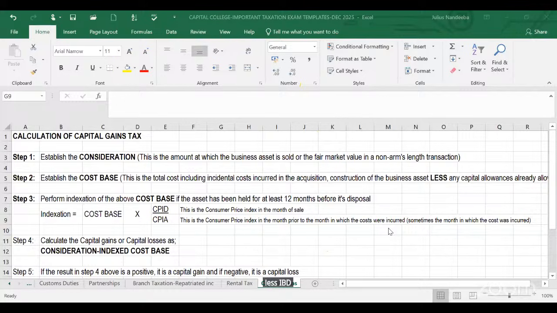And then that net is where you index if it has already been 1 year plus. In simple terms, a business asset that has already qualified for capital deductions, the capital deductions must be knocked off the cost base, because the capital deduction is already a benefit. So we cannot give you a cost which we've already reduced with capital deductions.